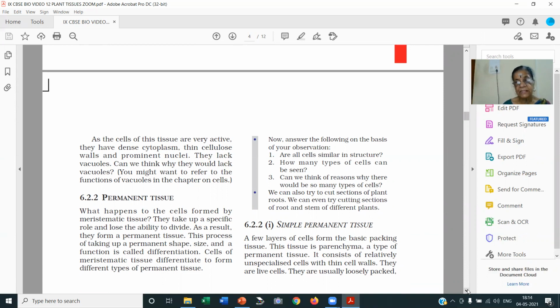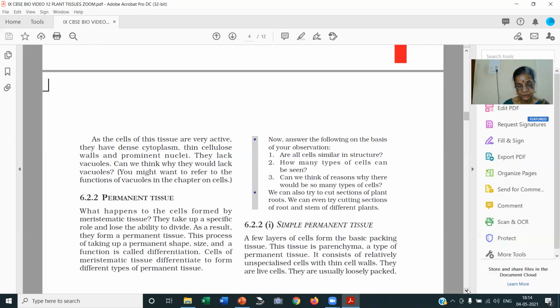And they lack vacuoles, but normally they have small vacuoles. I hope you understand. So this is the characteristics of meristematic cells. Mark it in our textbook. Other than that, I have given in the question paper, meristematic cells have 4 points like this. So I say characteristics of the meristematic cell. You have to mark it.